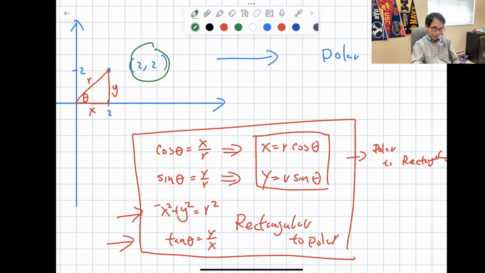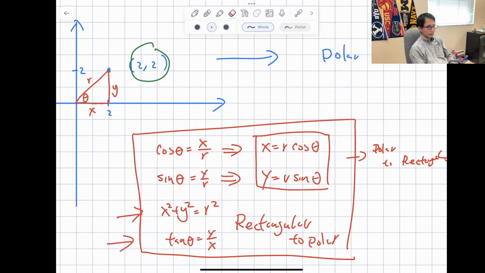I wrote them down for you. Cosine of theta is equal to x over r, which is adjacent over hypotenuse. Sine of theta is y over r. You learned this before. Now, can I change the orientation? Can I multiply r on both sides? I'm going to get x equal to r cosine theta, y equal to r sine theta.